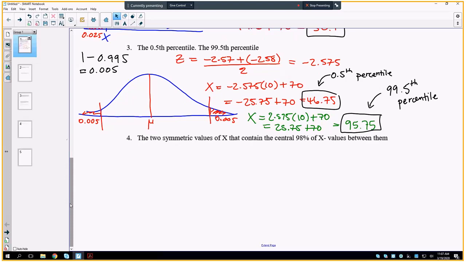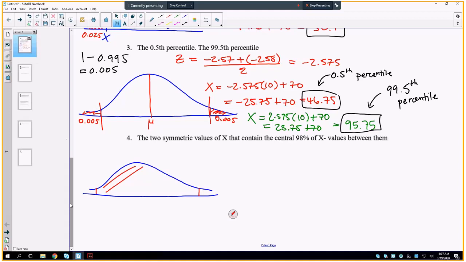Again, let's start with a picture. Bell curve. And I'm looking for two values of x, symmetric. So maybe one over here on the left and one over here on the right, so that in between them is 98%. So if I'm accounting for 98%, how much is left over? Well, 1 minus 0.98 is equal to 0.02.